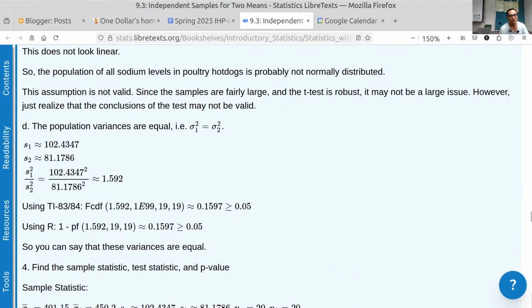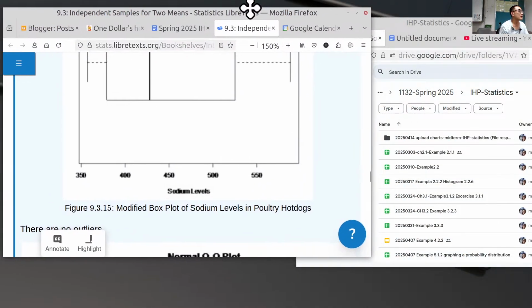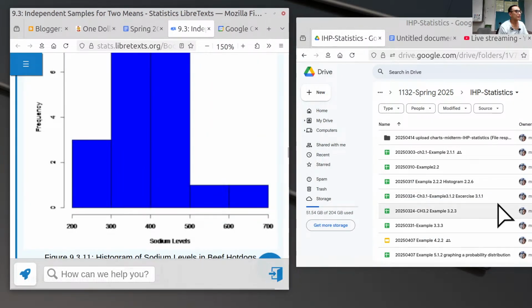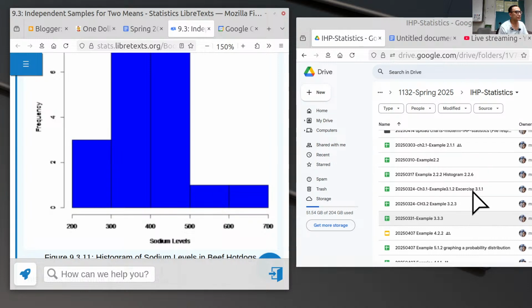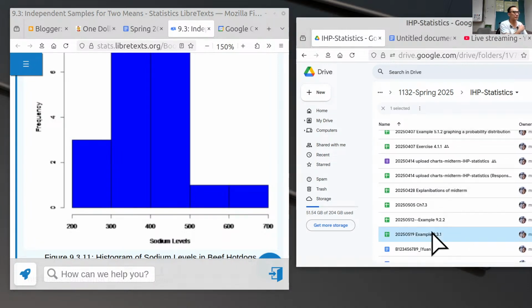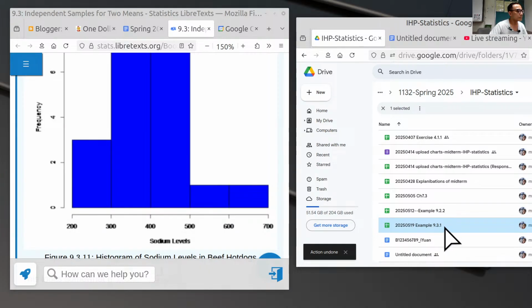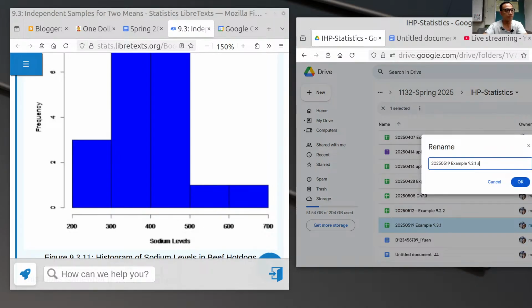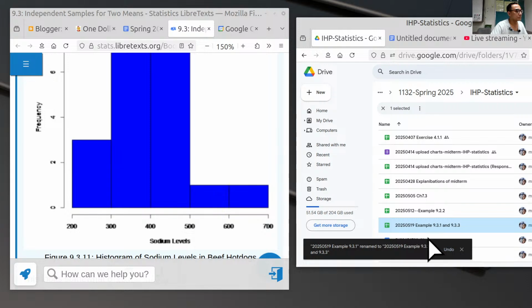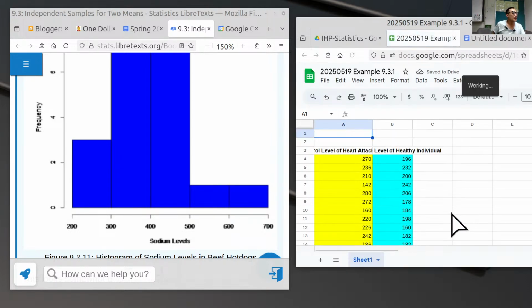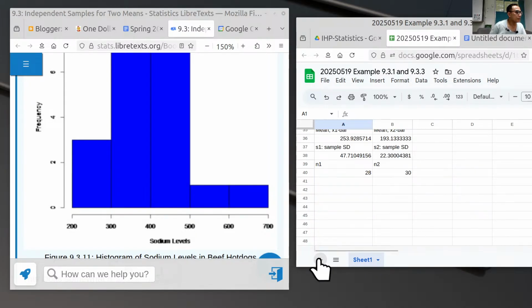First, let me change the size of the screen and create a new sheet.